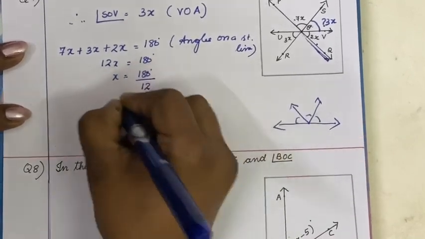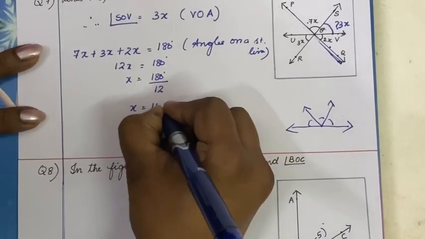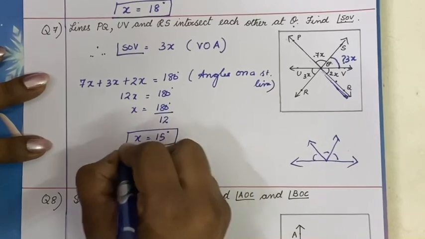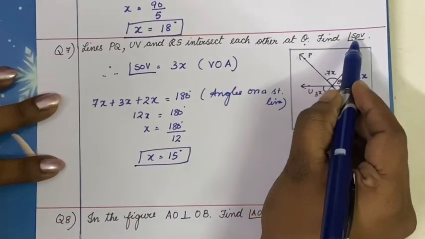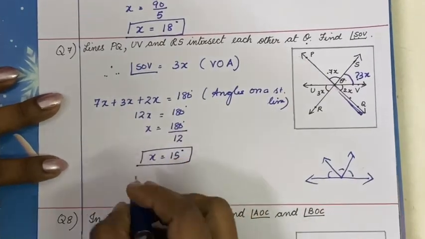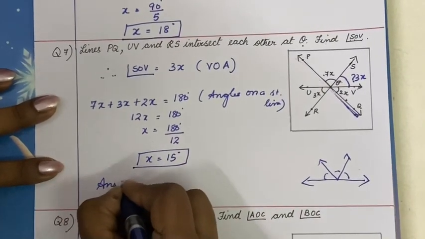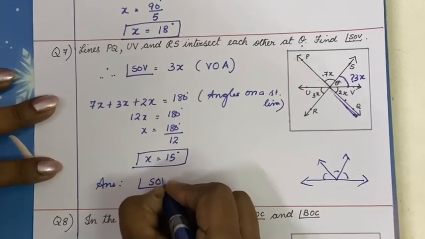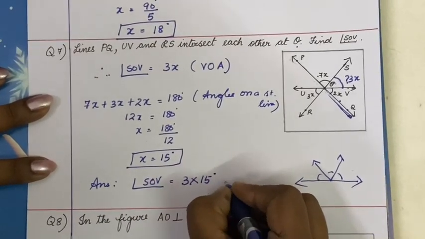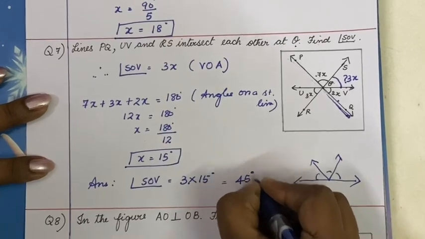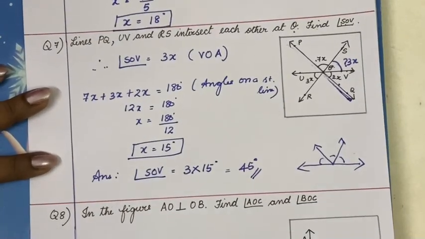So x value is equal to 15 degrees. So x we've got 15 degrees. But again here they have not just asked to find the value of x. We have to find angle SOV. So angle SOV is equal to 3x, 3 into 15 degrees, which is equal to 45 degrees, my required answer.